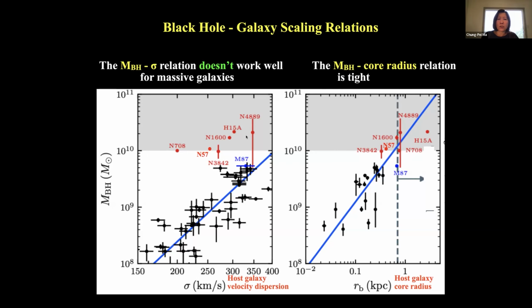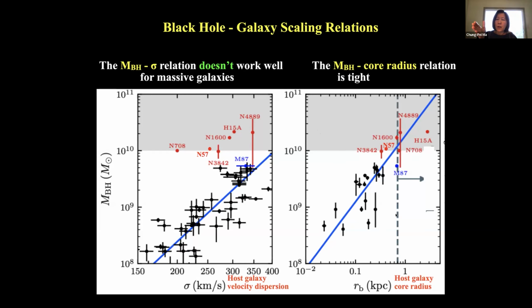We had done some merger simulations a while ago to study these trends. But if you look at black hole mass versus the core radius that I showed earlier, they correlate very well. Core radii are relatively small scale, and probably the best explanation is that the cores may be caused by prior binary black hole core scouring, kicking out the stars.